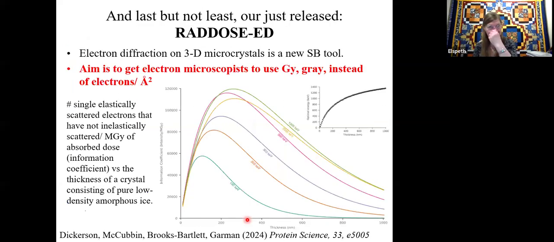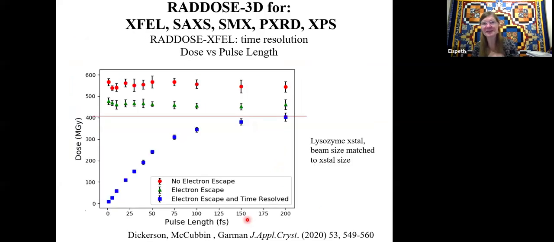I won't go into that, but we now have Raddose 3D for free electron lasers, for SAXS, small angle scattering experiments, small molecule crystallography, powder diffraction, and X-ray and XPS as well.